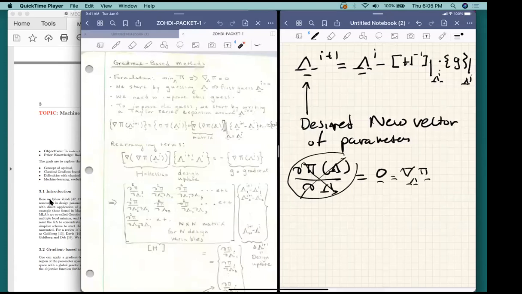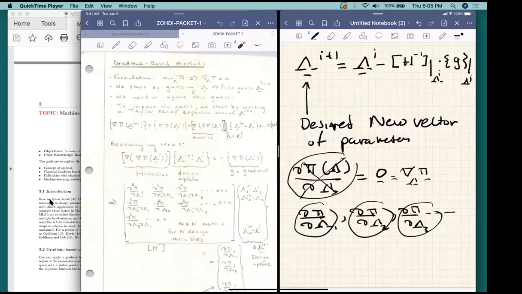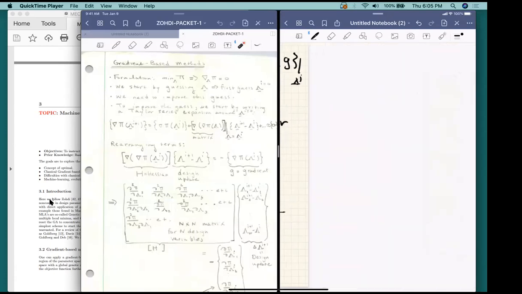Number one, we have to compute the partial of pi with respect to lambda 1, the partial of pi with respect to lambda 2, the partial of pi with respect to lambda 3, and so forth. And that might not be an easy thing to compute. So if this is a complicated system, I have to figure out a way to actually compute a derivative of things. Now, here's where you have to be somewhat clever about it.